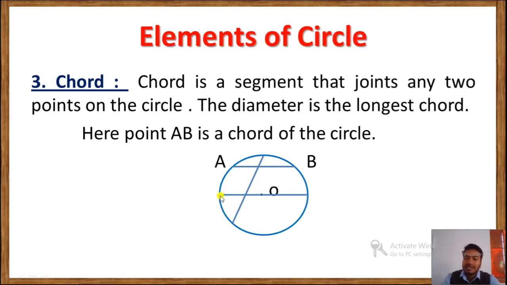Why? Because this line segment is passing through the center point. That's why this is the diameter, and this is the longest chord in the circle. Understood? The diameter is the longest chord. Here AB is a chord of the circle, and this is also a chord, and this is also a chord. Understood?